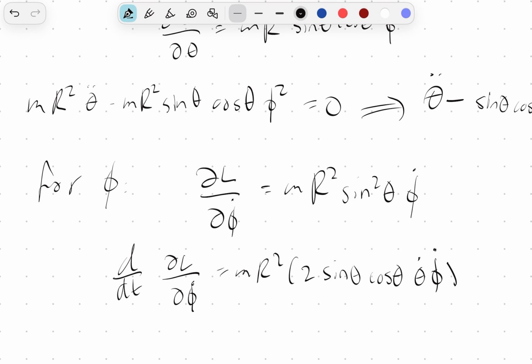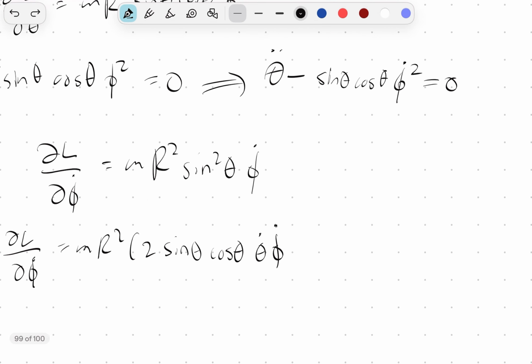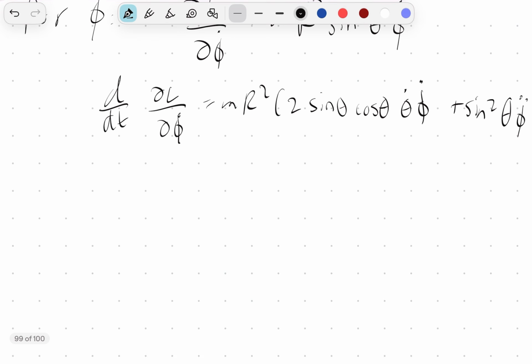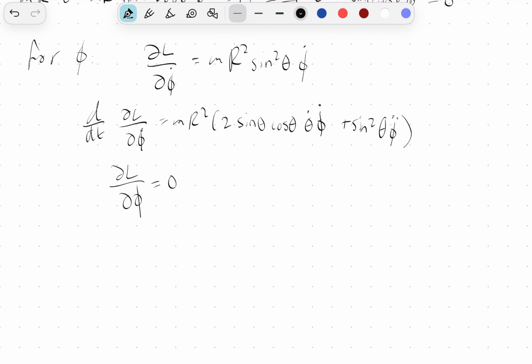Oh, and we'll also get a plus sine squared theta times the azimuthal acceleration, and then dL d phi equals 0.